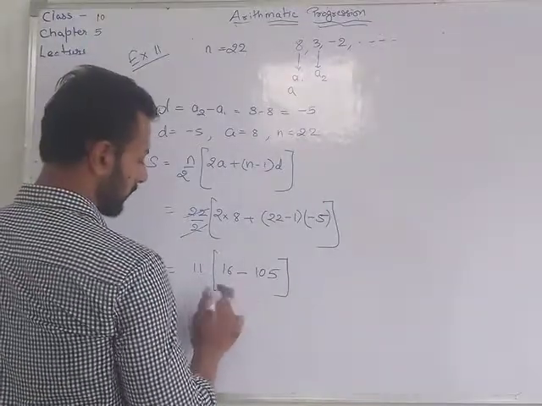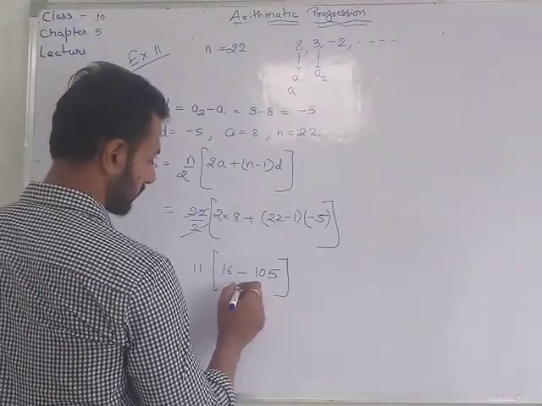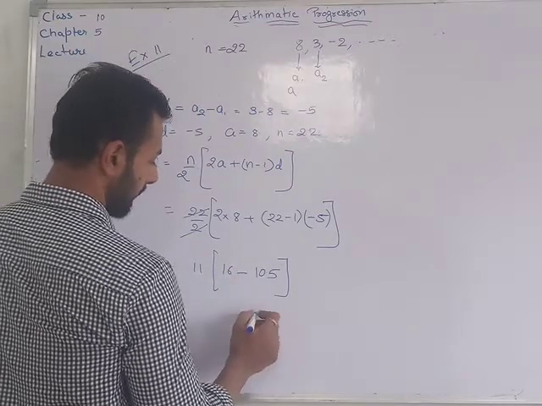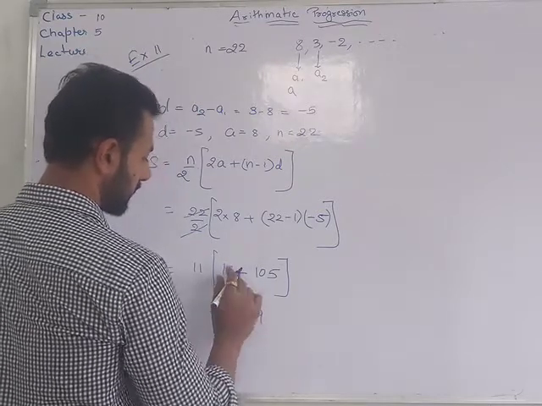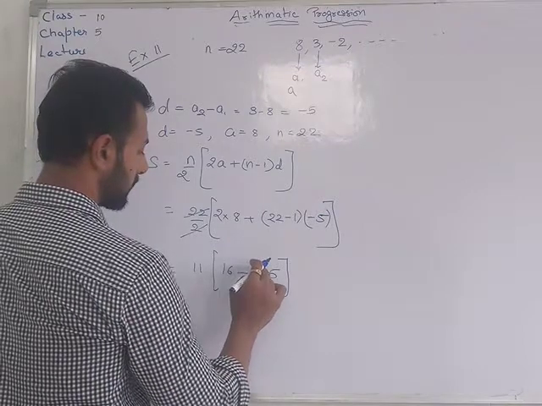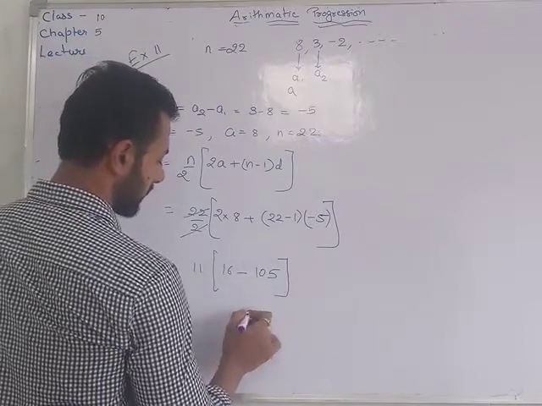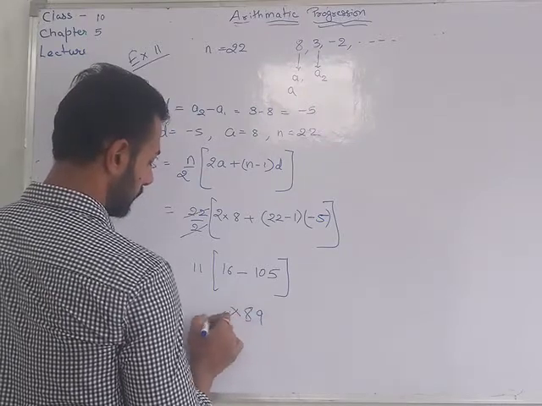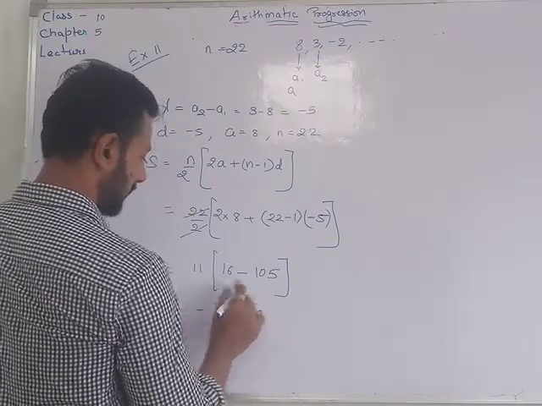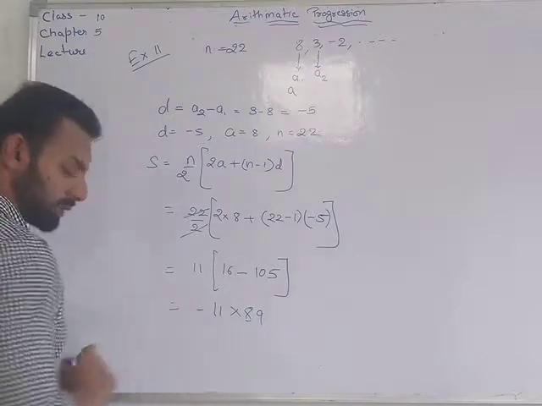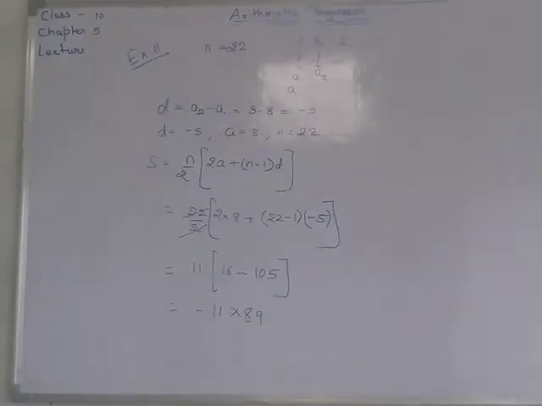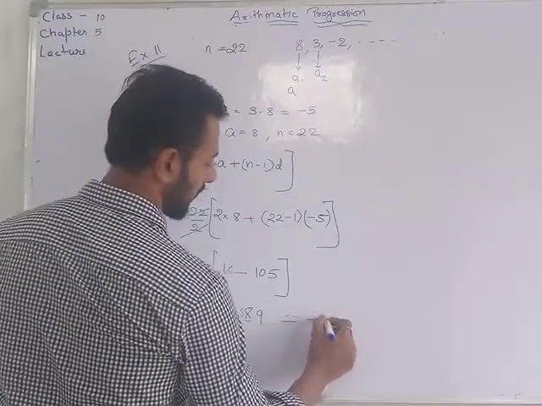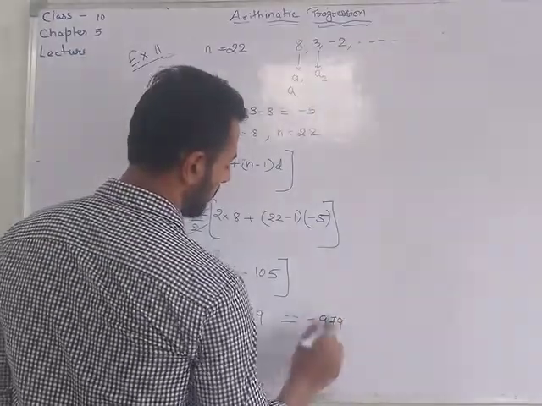Now subtracting this, 16 minus 105 will be minus 89, and 89 into 11 with the minus sign, so we will be getting minus 979.